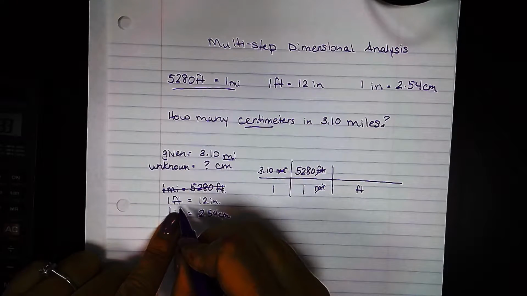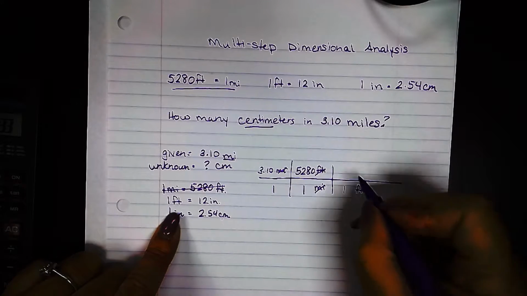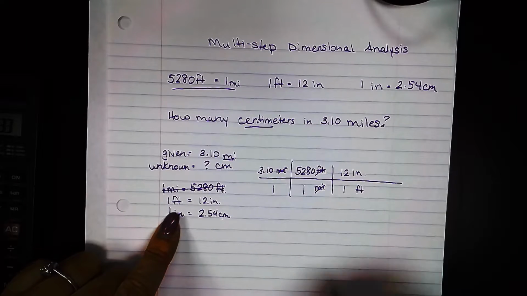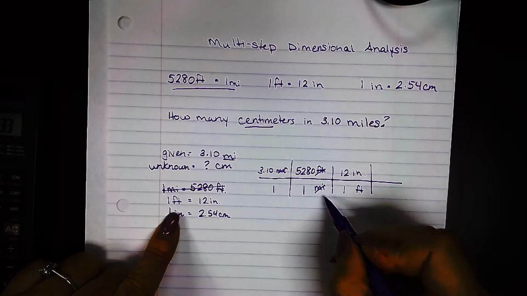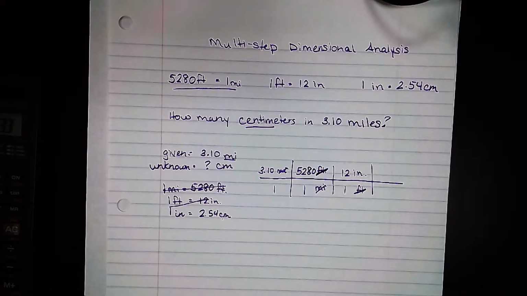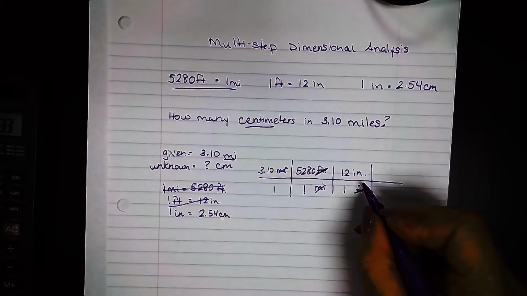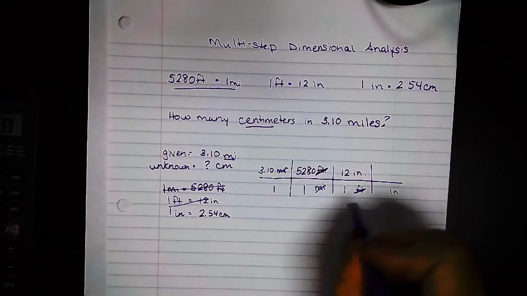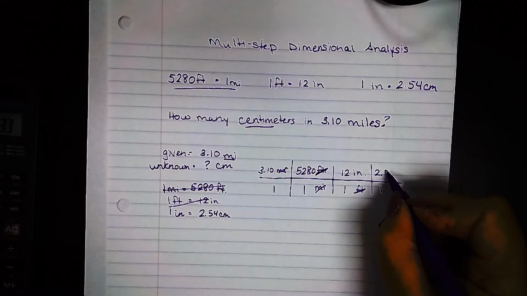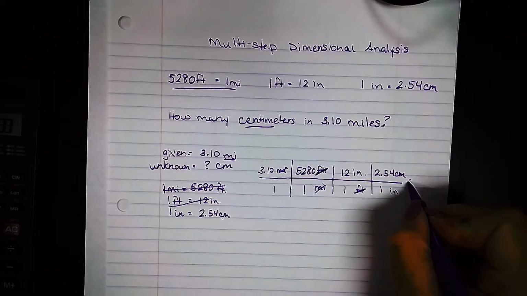And my conversion factor, my equality statement, is 1 foot is equal to 12 inches. All right? So now feet cancel out, and I've used this equality statement. Finally, I need inches down here on the bottom, so 1 inch is equal to 2.54 centimeters.